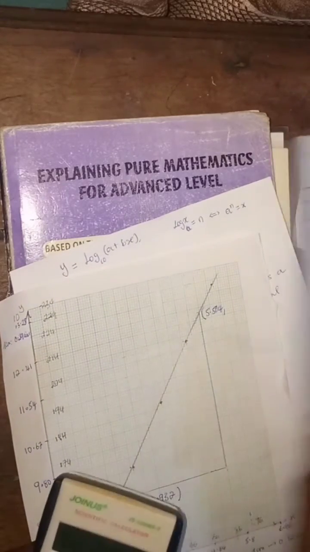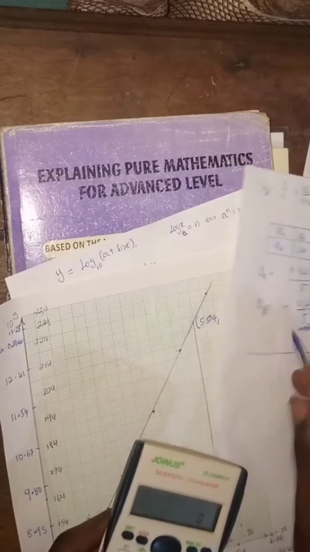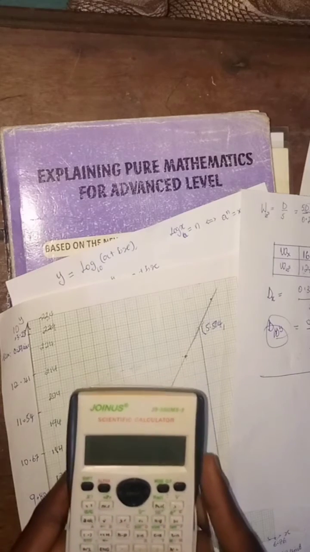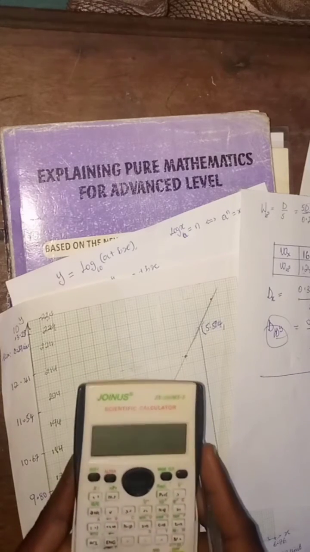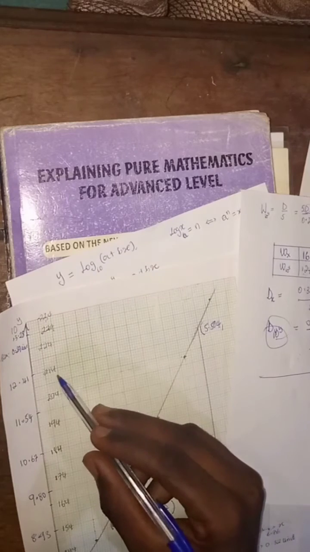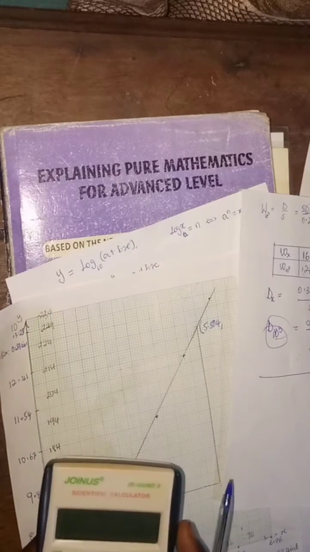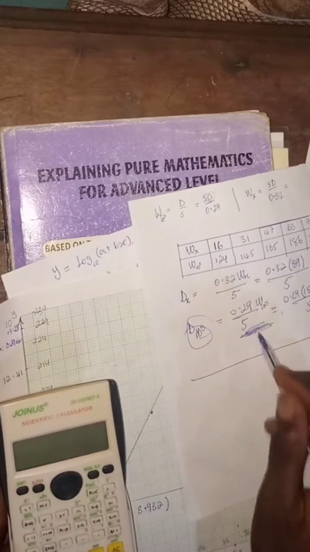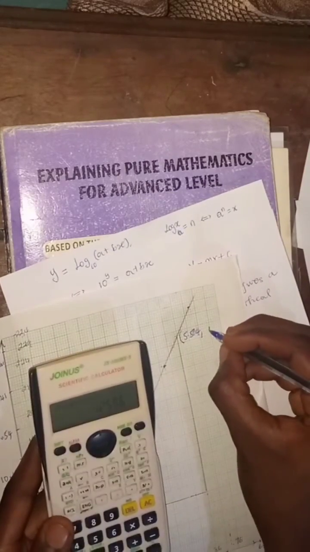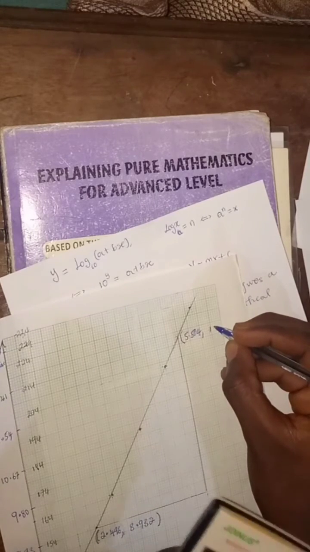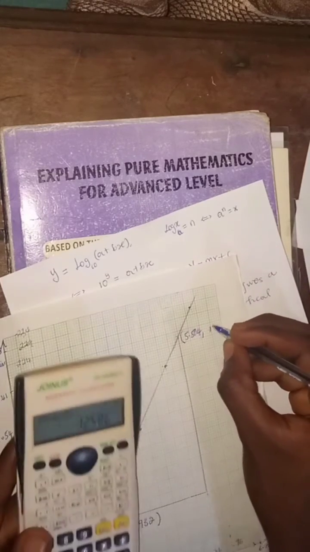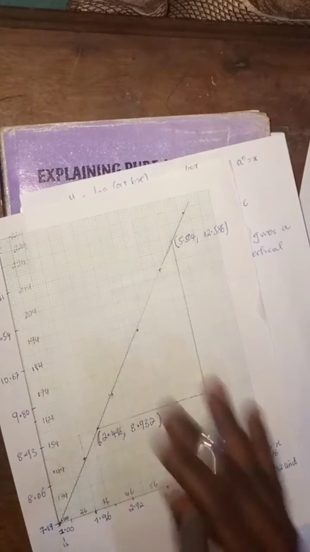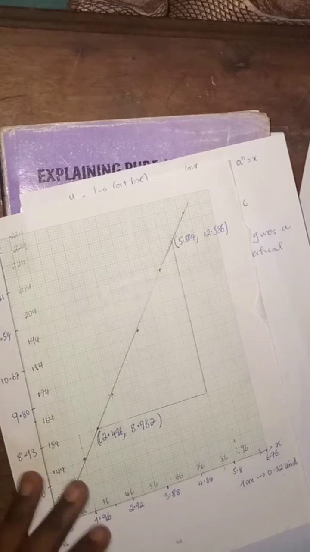Since I'm using this formula now to get the value on the vertical axis, I'm going to take 0.29 times this 217 divided by 5. Still using this formula, that is for y. So it's giving me 12.586. Voila. Once I have plotted that, I can now remove these values.